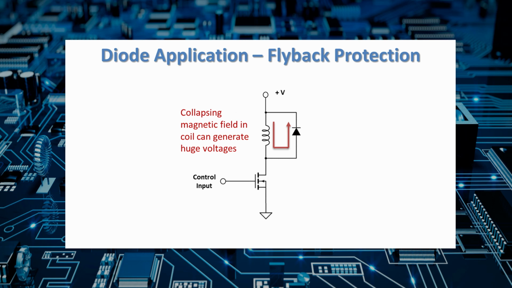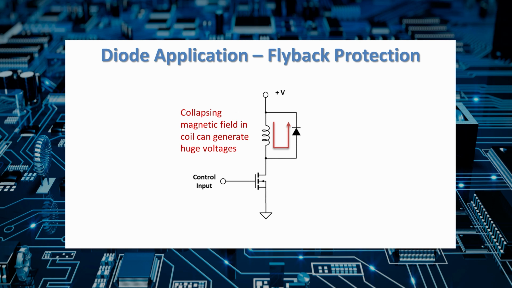When you cut that current, open a switch, for example, or in this case, a MOSFET or transistor, that magnetic field begins to collapse. Because of conservation of energy and the physics involved, as that magnetic field collapses, a huge voltage builds up across that coil until it can release that energy in the form of current flow.